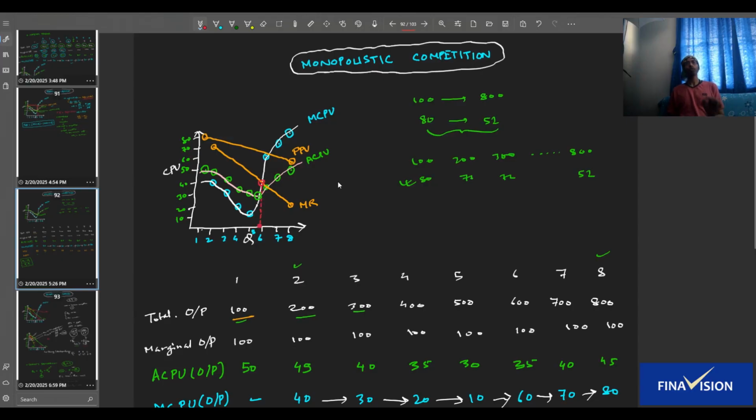Now, how do we calculate the amount of profit at this optimal output? How do we calculate that? We draw a vertical line upwards from this red point till the price curve. And just like before, we draw the rectangle.